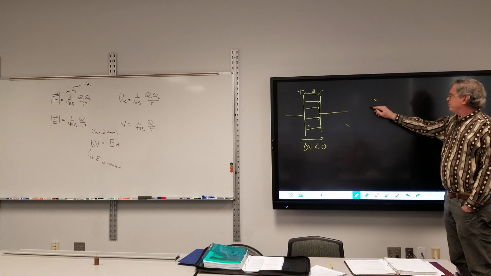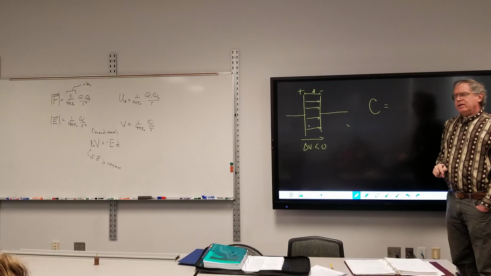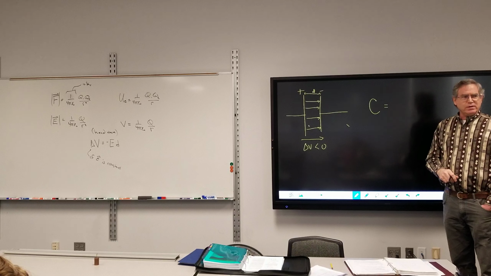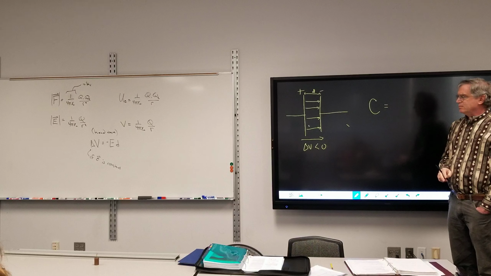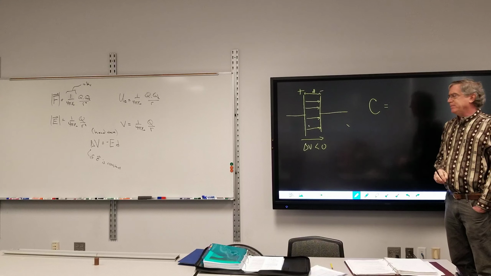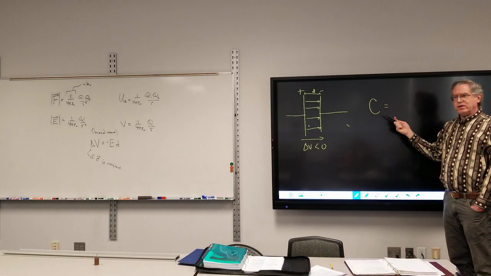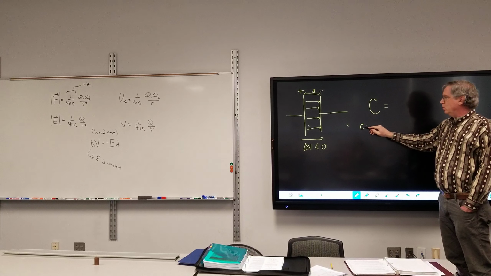All right, so let me define capacitance. Now, we can run into that fun thing of there are only so many characters we can deal with, uppercase, lowercase, our alphabet, Greek alphabet. This C right here stands for capacitance, not coulombs.